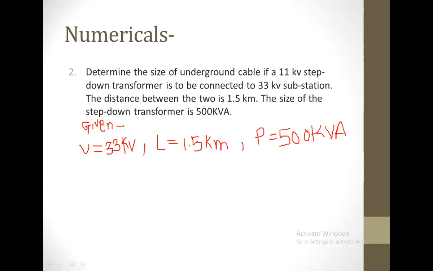Same procedure we have to follow that we saw in the last example. We have to find the permissible voltage drop, then we have to find the current carrying capacity. Depending on that, we have to select the size of the conductor, then the total resistance of that conductor, and we have to find the actual voltage drop, and check whether that voltage drop is falling within the permissible limit or not.